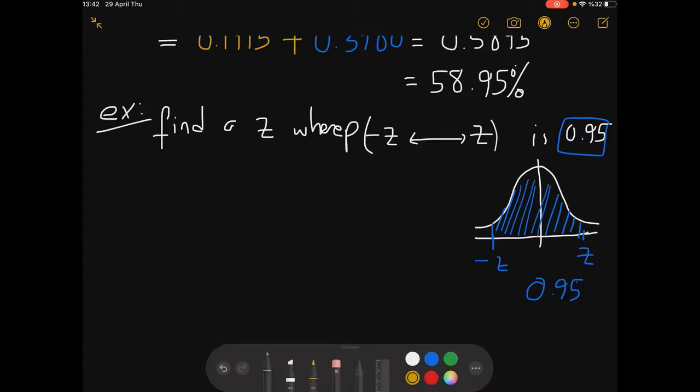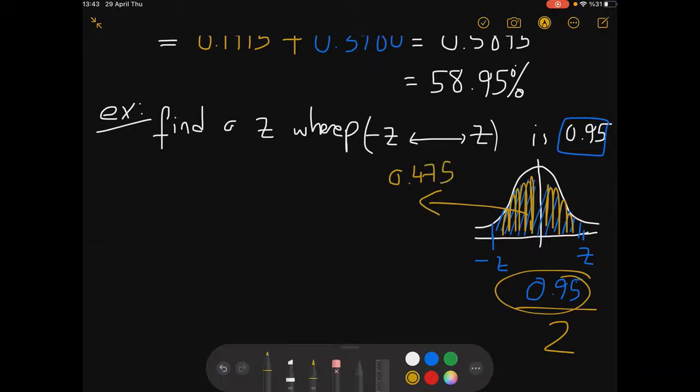But since I have the symmetry property, the right hand side and left hand side will be equal. So when I divide this by 2, I get exactly 0.475, and this part 47.5 again.